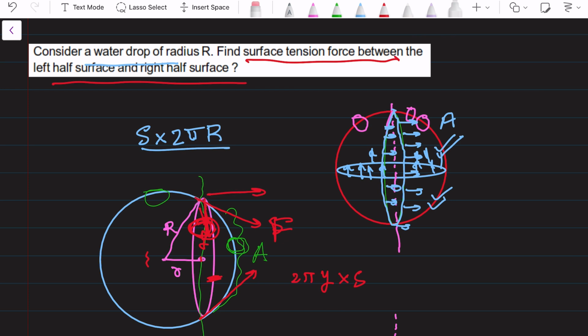So say this particular angle is theta, then the force with which this part A is pulling the part B will be S into 2 pi y into cos theta. This will be the force, and theta value you can find easily by using the mathematics, right? It is again a very nice question, conceptual questions.